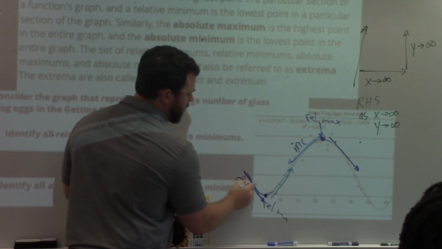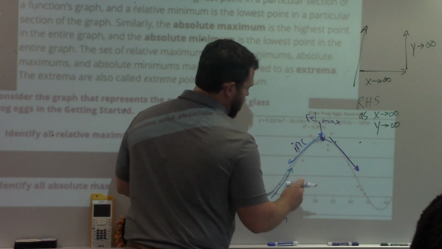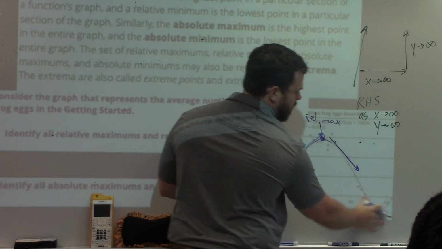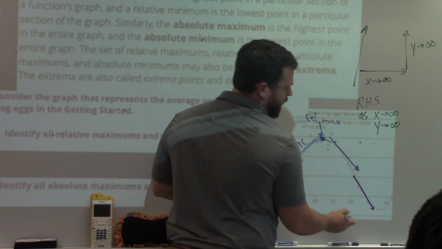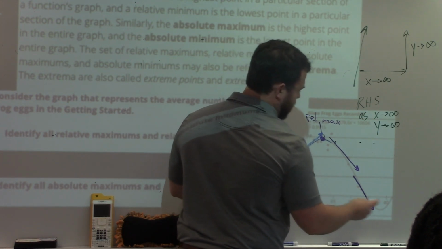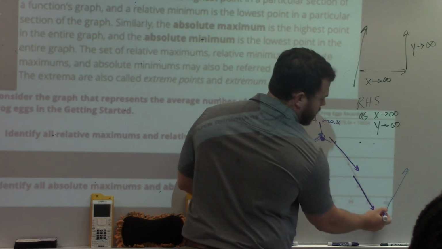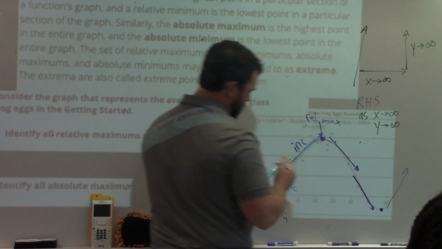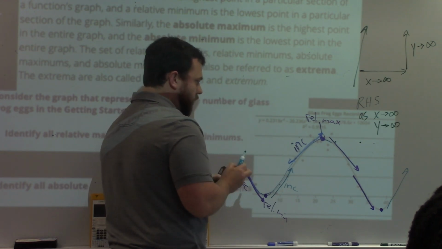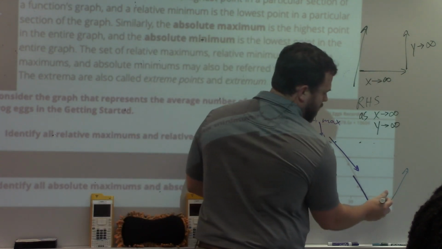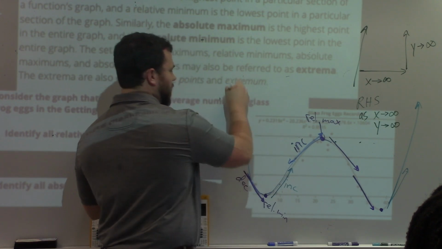All right, so decreasing, increasing, and then what's happening over here? It stops decreasing and it starts to increase. So we got a what right here? Relative minimum. Now, from here though, we need to recognize that this graph continues up forever, and this side continues up forever.